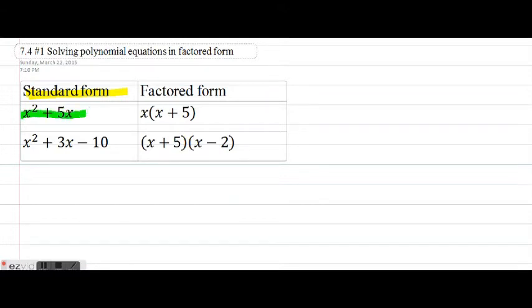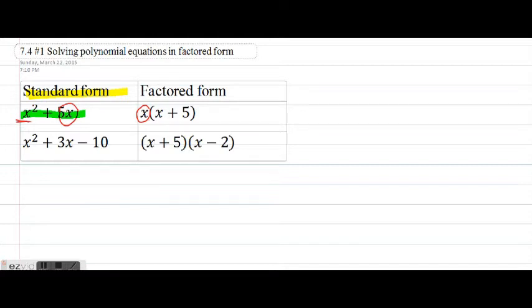Well, now in factored form, you'll notice each one of these terms has an x value in it. So we could think about, we took that x from both of them and we brought it out in front, and then what are we left with? Well, over here, this first one, there was x squared, meaning we had x times x.